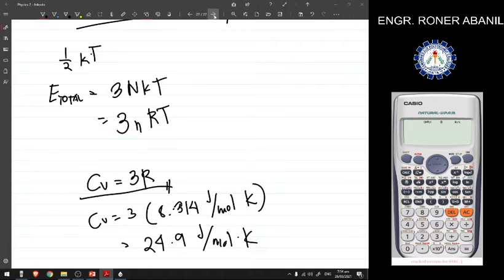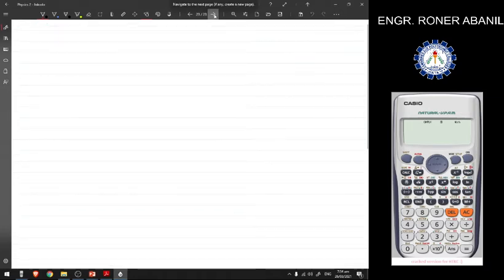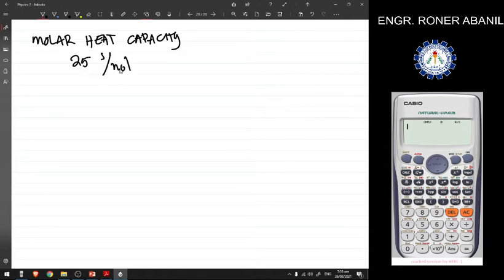Here we have what we call the rule of Dulong and Petit, which we encounter as an empirical finding. Elemental solids all have molar heat capacities of about 25 joule per mole Kelvin.